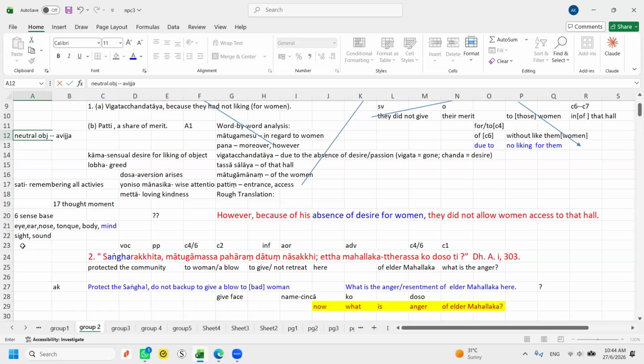That means avijja anusaya. When the object is neutral, the tendency of ignorance is there. This is usually classified in Abhidhamma as moha, delusion.